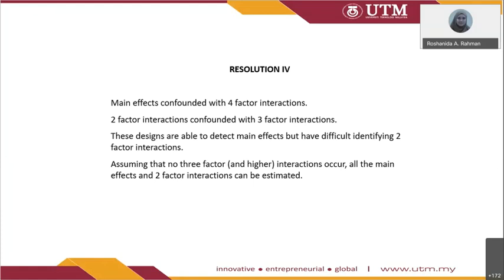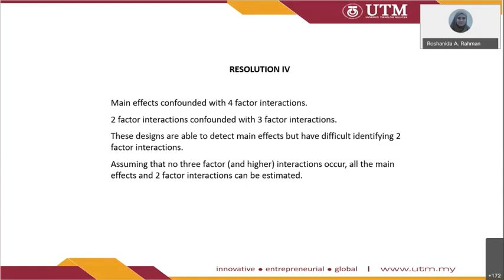And how about resolution 4? In resolution 4, you have main factors confounded with 4-factor interactions and the 2 factors confounded with 3-factor interactions. Normally when we do screening, we have a large number of factors. I already showed you 8, 10 factors. So if we choose a very low number of experiments, we can only cater for the main factors or single effects.